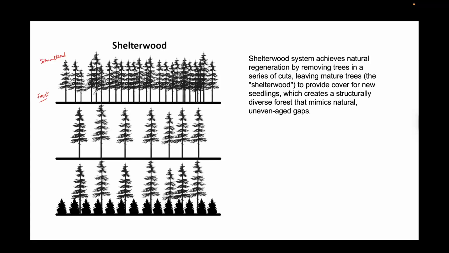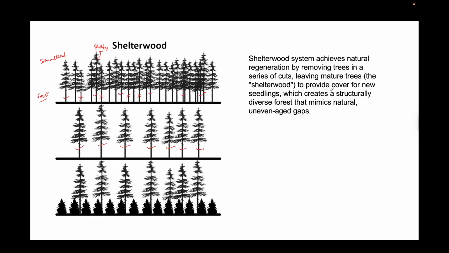So you leave such mature trees, which will provide shelter or shade to the new growing plants or saplings, and you remove some other selective trees in a series of cutting tactics and leave these shelters. These are the shelters here, like this.